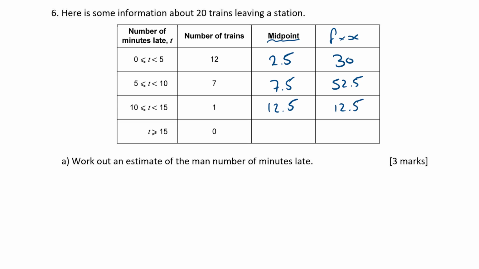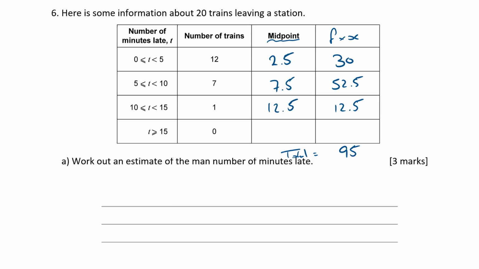Okay, and then to find the estimated mean, we're going to have to add all those up, aren't we? So 30 plus 52.5 plus 12.5 gives me a grand total of 95. Okay, so an estimated mean is going to be sigma fx, the sum of f times x, divided by sigma f, the sum of the frequencies.